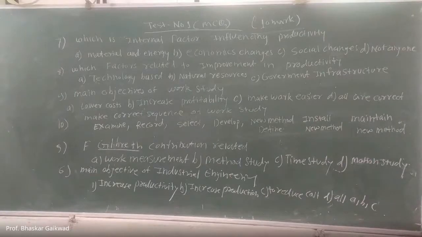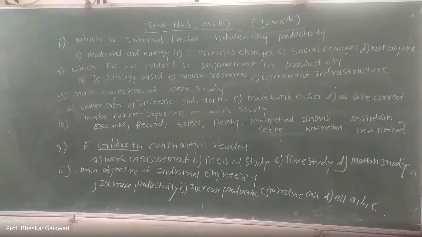What have we studied in this chapter? What industrial engineering is, the concept of industrial engineering, two scientists and their contribution, the objective of industrial engineering, the difference between production and productivity, which factors affect productivity, which factors help us improve productivity, what work study is, and how many branches of work study there are: two branches, method study and work measurement.